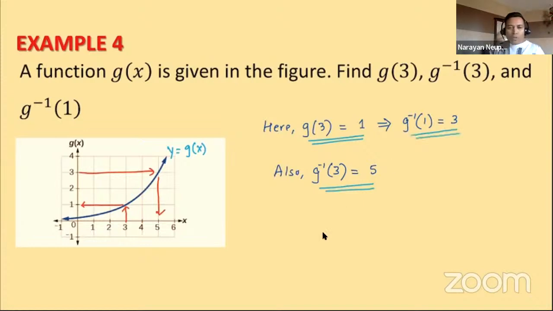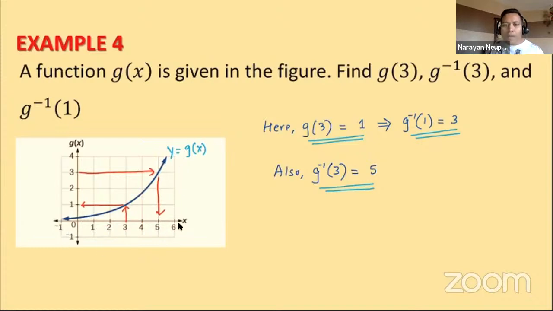So this is how we should be able to read the graph of a one-to-one function, and then look for the inverse also. If you look at this function, wherever you draw the horizontal line, it will cross the graph in only one point. That means this graph is a one-to-one function, so you can find the inverse. For the regular function g of x, these values are the domain or the input.